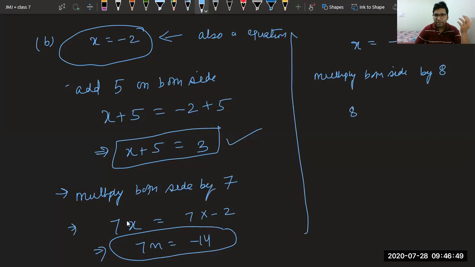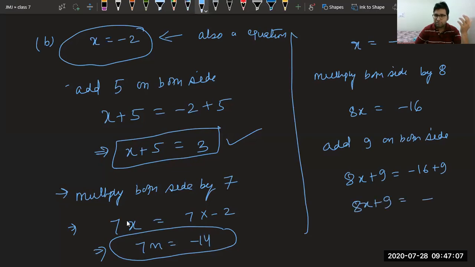I will get 8x equal to minus 16. Then I am adding 9 on both sides. I will get 8x plus 9 is equal to minus 16 plus 9, that is minus 7. This is the equation.